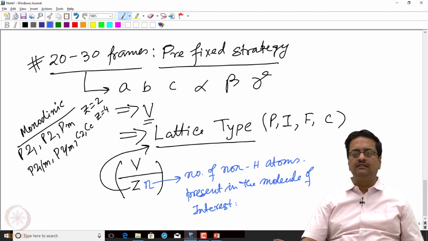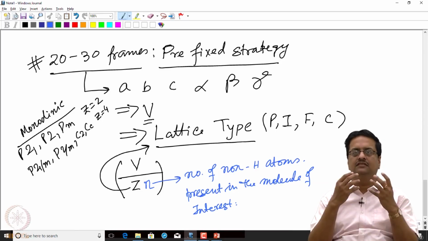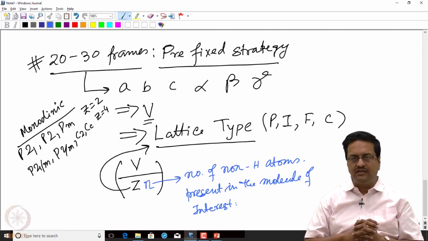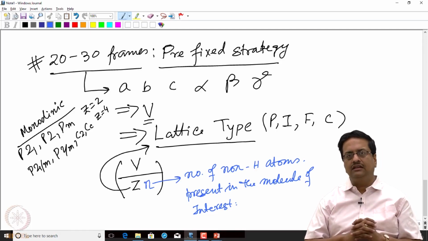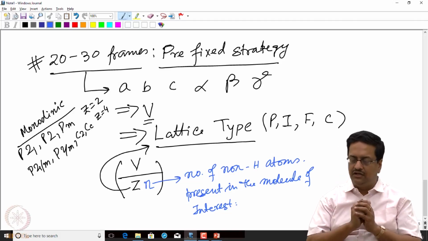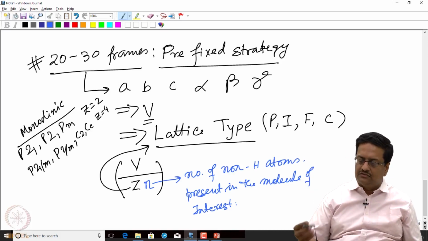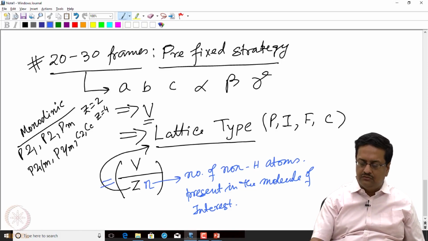The volume of the unit cell is divided by Z, that means it is the volume of the asymmetric unit which contains my molecule, probably the molecular volume, and then we divide that by the number of non-hydrogen atoms. So this number results in the atomic volume.